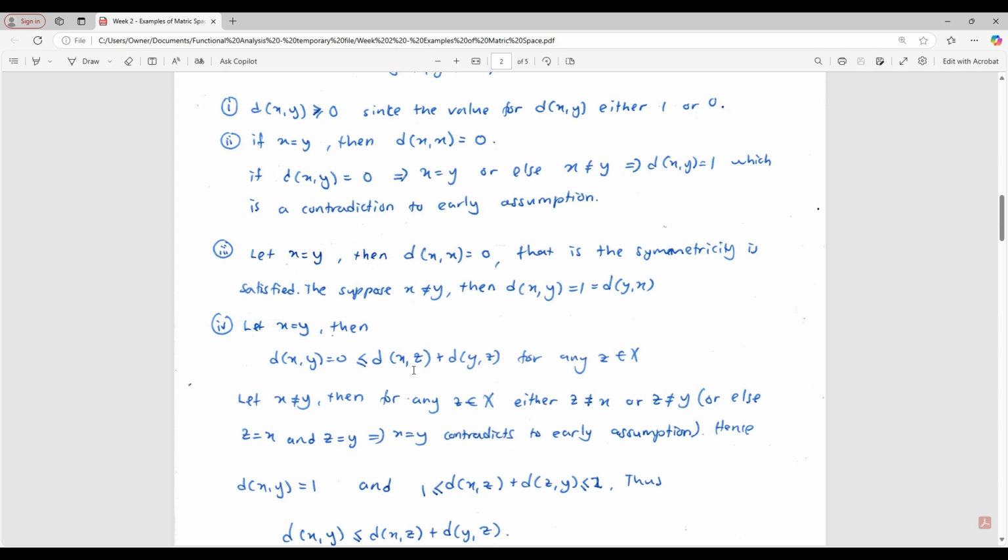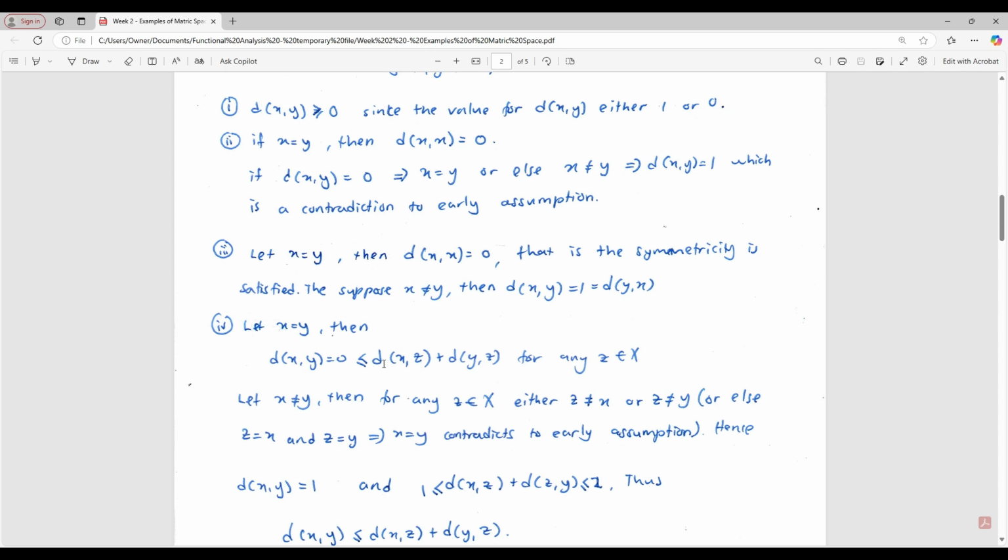less than or equal to the metric between x and z plus the metric between y and z here, because the minimum value between these two is 0. So it cannot be lesser than 0, and then of course the maximum is equal to 1.